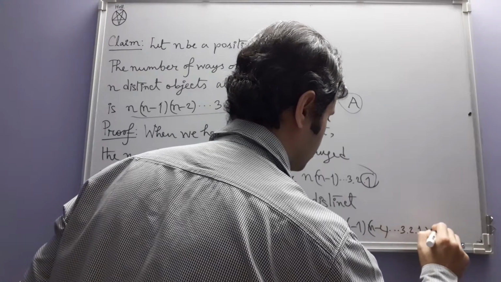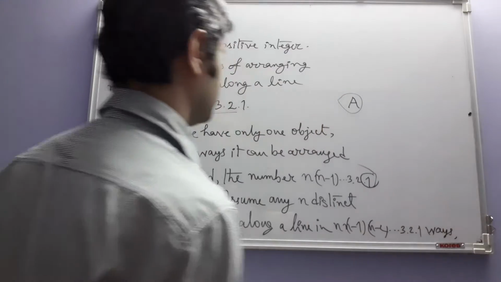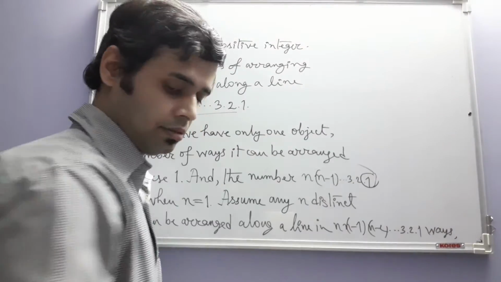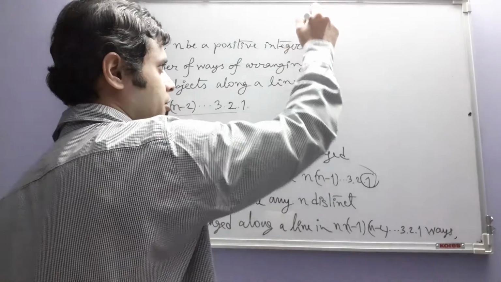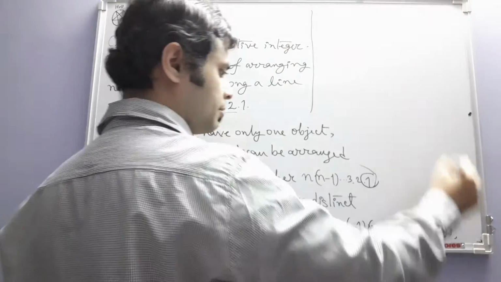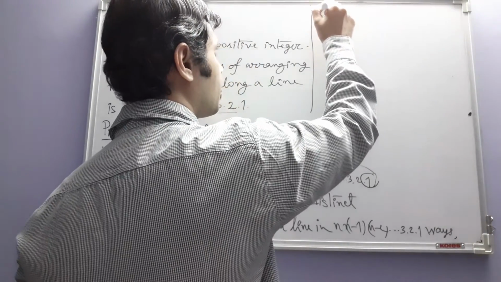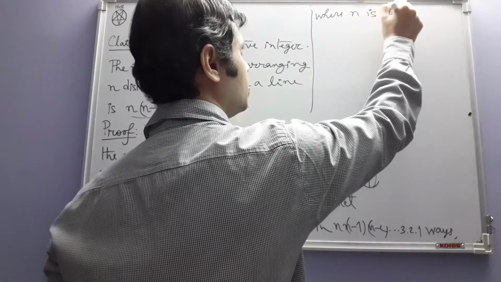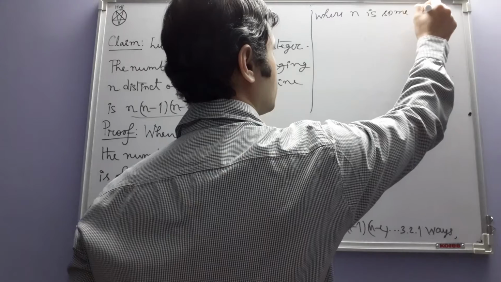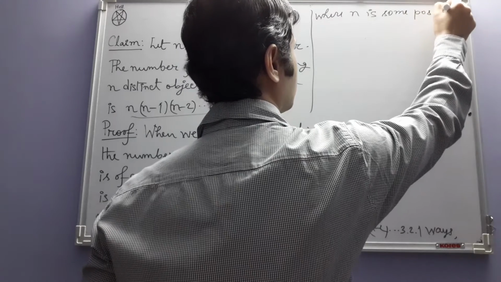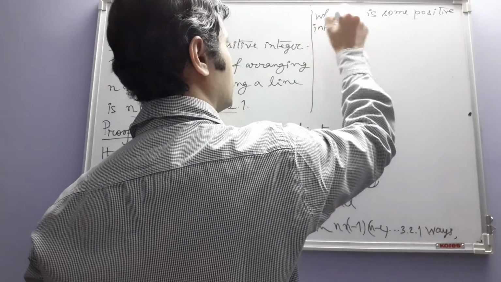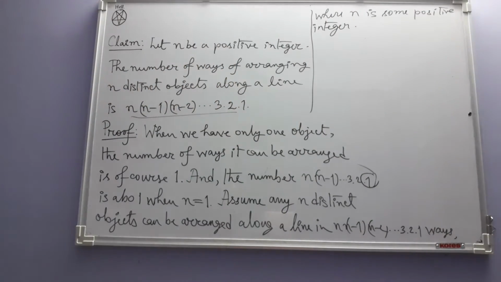To 1 ways. Okay. Let me continue from here, where n is some positive integer.